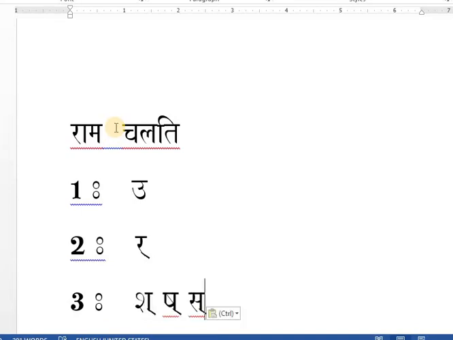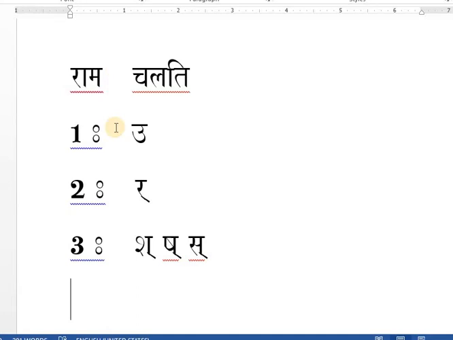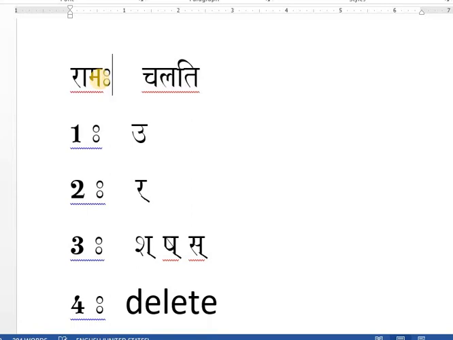And dear students, sometimes, when you join with another word, the fourth result is that the visarga can be removed, deleted completely. So four results are possible when you join a word ending with visarga and the next word. That is called the visarga sandhi rule.